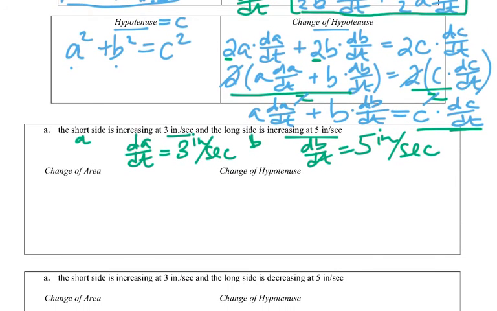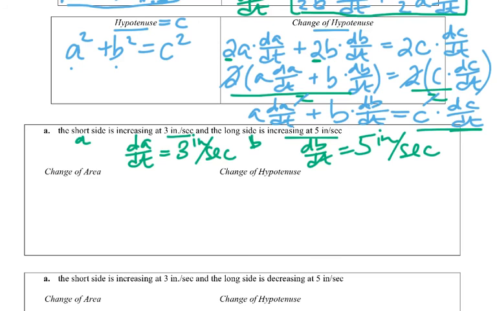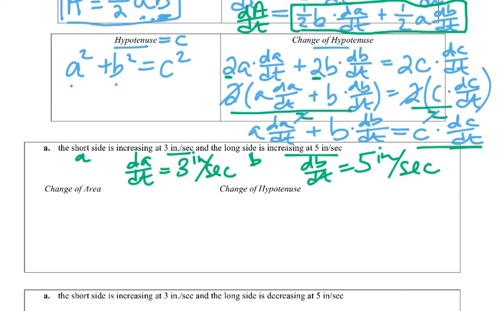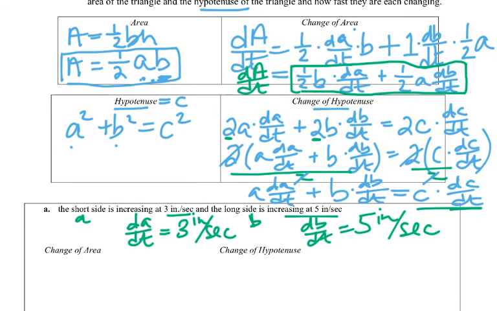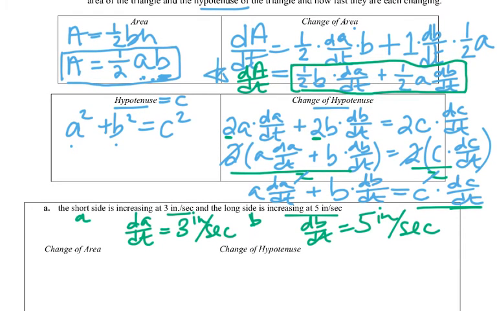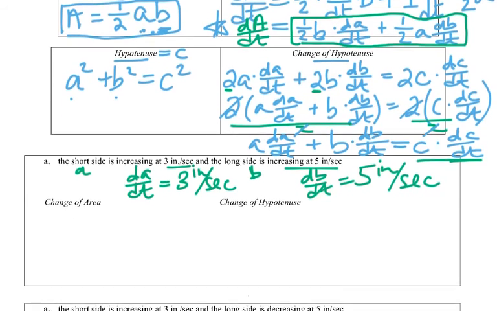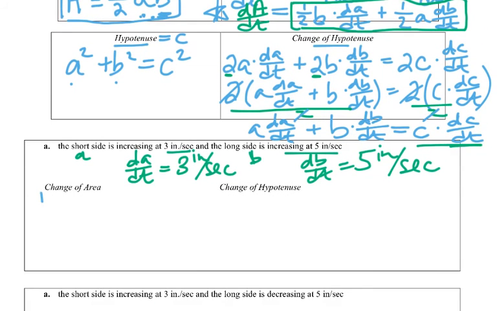Okay, so for the change in the area, we are going to need our change in area formula, which we had up here. Okay, so I'm going to rewrite that down here, and then we can plug in values. So we have dA over dt equals 1/2 b dA over dt plus 1/2 a dB dt.